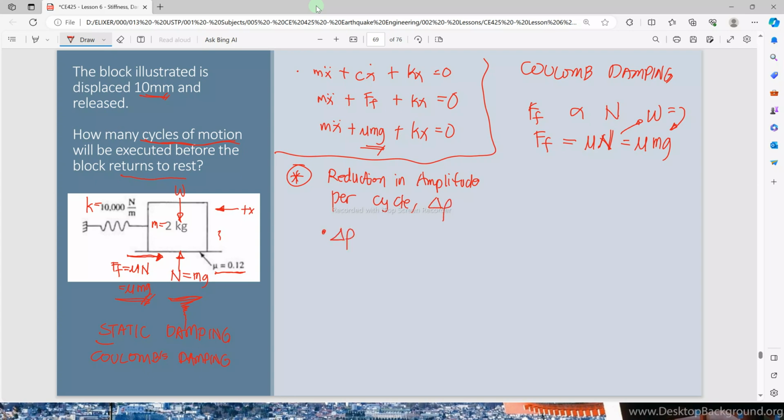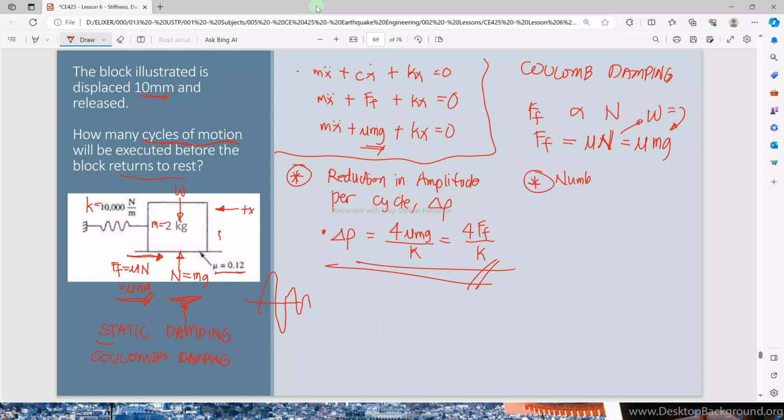The amplitude goes up and down, up and down in a system. Its reduction per cycle is equal to 4 times mu mg over k. To remember it more easily, it is 4 times the frictional force over k. Take note of this formula. What else?